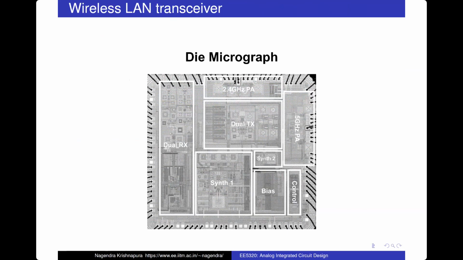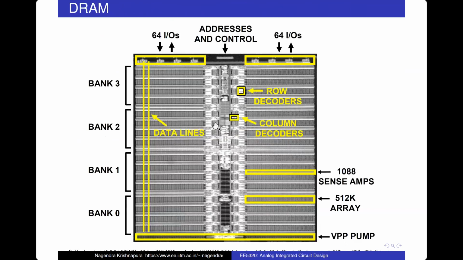This is also an analog heavy example. Now this is a DRAM. Like I said, this of course is a sort of digital chip, but you have the power management circuitry here, and in the middle you will also have this clocking circuitry.